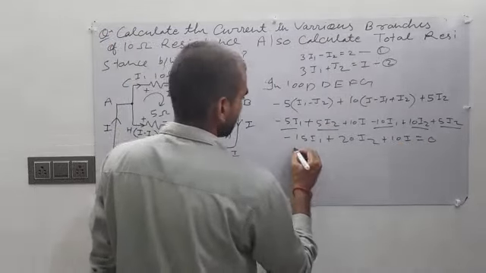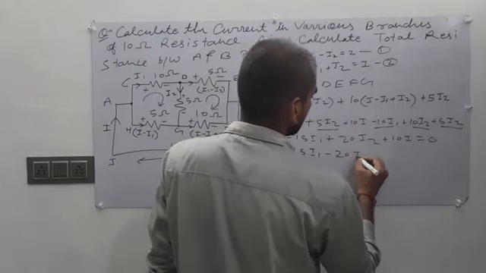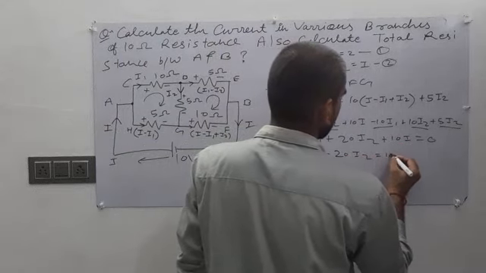That means 15 I1 minus 20 I2 equals 10I.